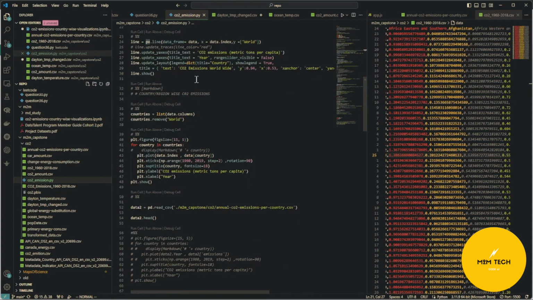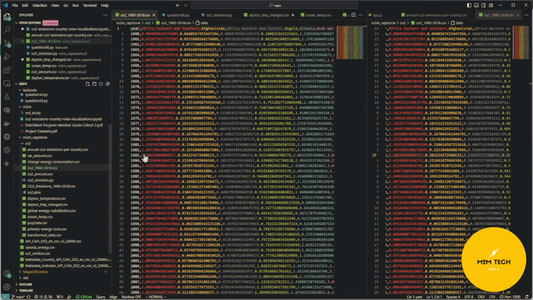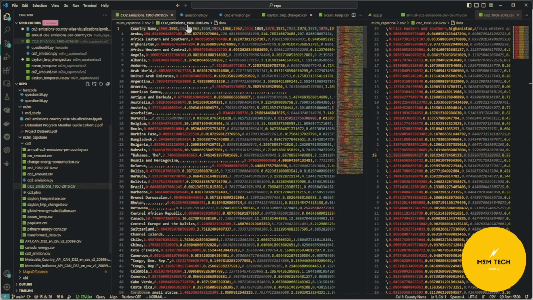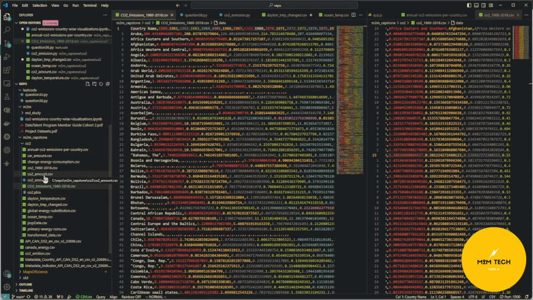Also, some unnecessary data was trimmed off. Some data had a different structure. For example, the year information was on top, so I had to move the year information to the column side and group by country, especially for the CO2 emission data set.